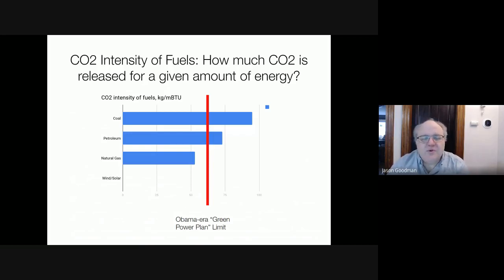And so we can switch from coal to natural gas. And natural gas produces about 40% less CO2 than coal for a given amount of energy release. You produce a lot less CO2 with natural gas than coal. Not all fossil fuels are equal, all right? And so switching fuels can actually make a significant difference.